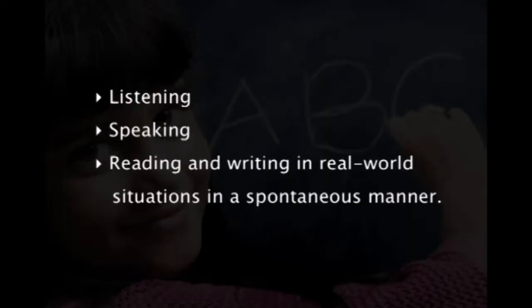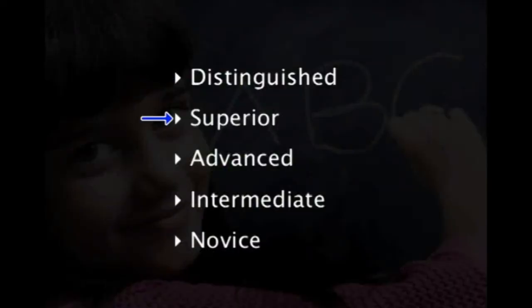The American Council on the Teaching of Foreign Languages, or ACTFL Proficiency Guidelines, describes what individuals can do with language in terms of listening, speaking, reading, and writing in real-world situations in a spontaneous manner. These guidelines identify 5 major levels: distinguished, superior, advanced, intermediate, and novice.